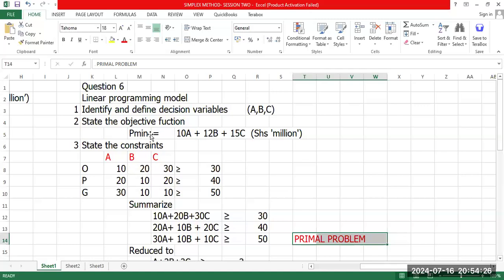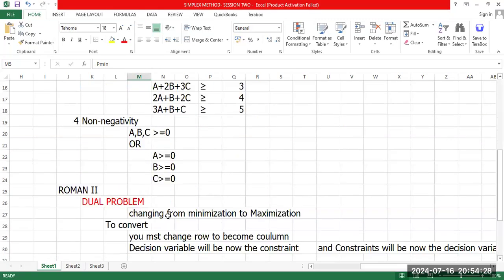The initial objective of the Primal problem was to minimize. Now we need to maximize. We are changing from minimization to maximization. But to do that, there are conditions.